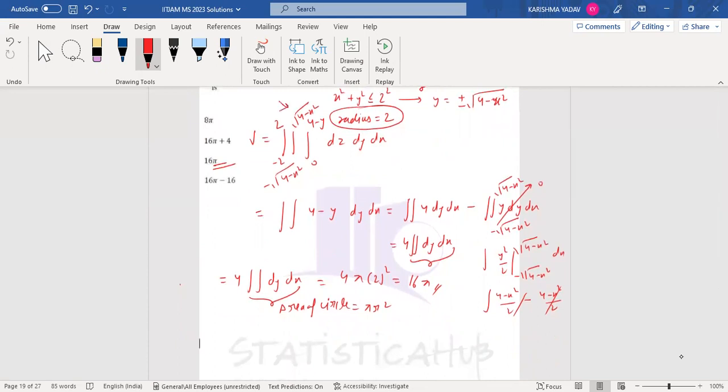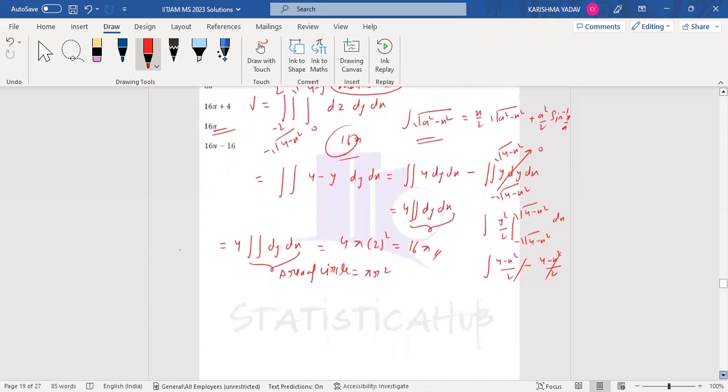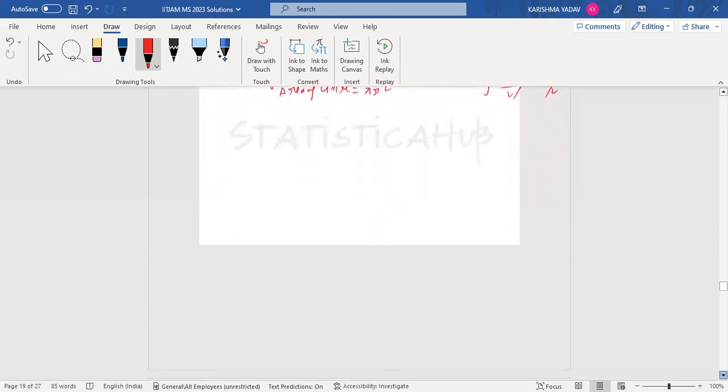You have to apply the integration formula for √(a² − x²), that is (x/2)√(a² − x²) + (a²/2) sin⁻¹(x/a). By substituting the limits of −2 to 2, you will get your result, that is 16π. Just do it on your own, and if you didn't get this, you can put it in the comment section. Now let's see another question.